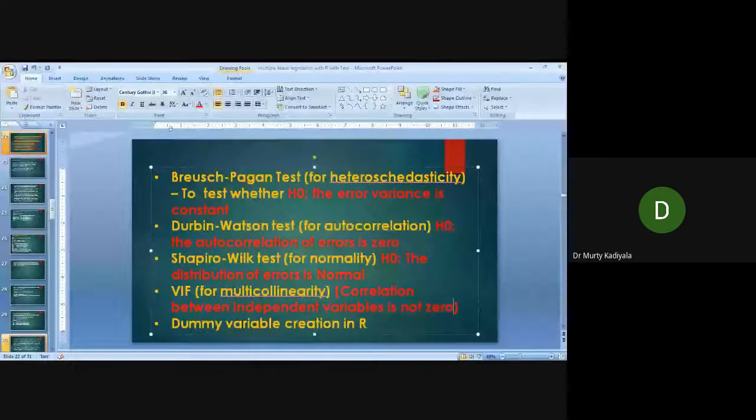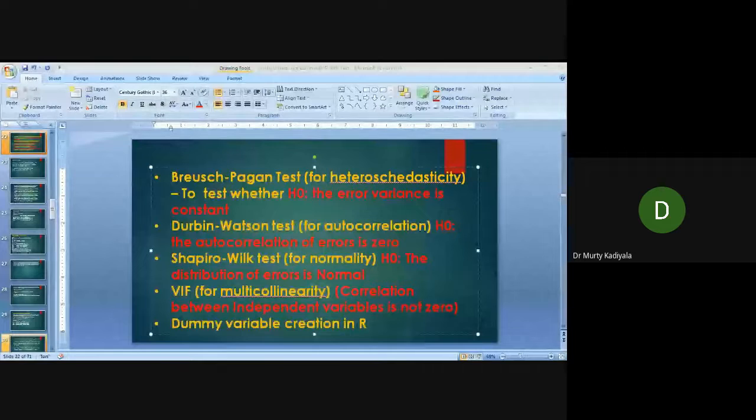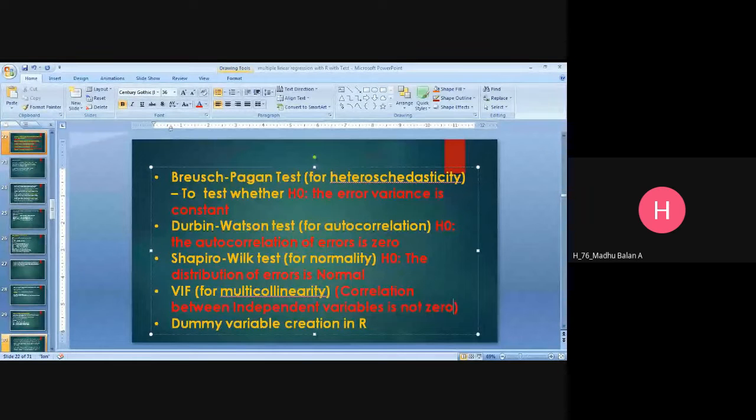This concept is known as multicollinearity. Sir, this multicollinearity is applicable only if the correlation is perfect, I mean, the variables are perfectly correlated?